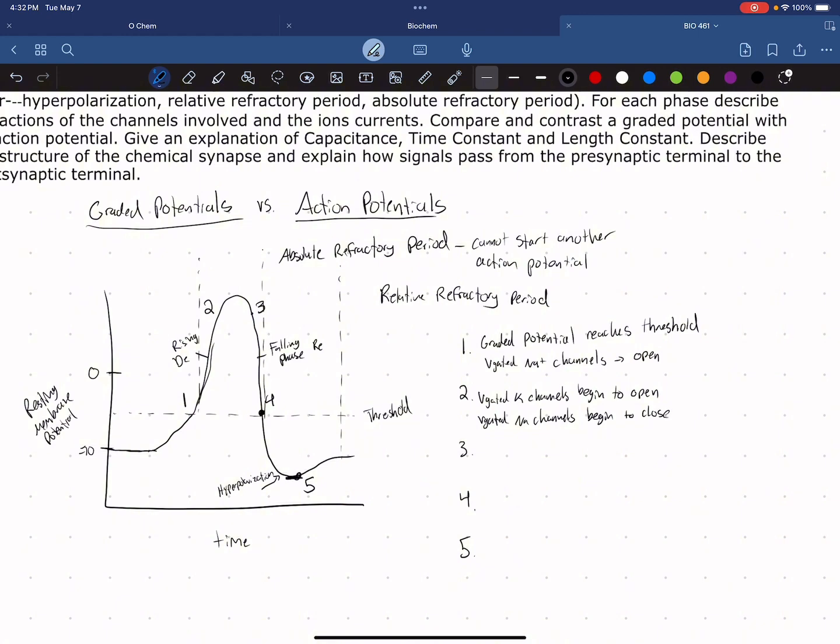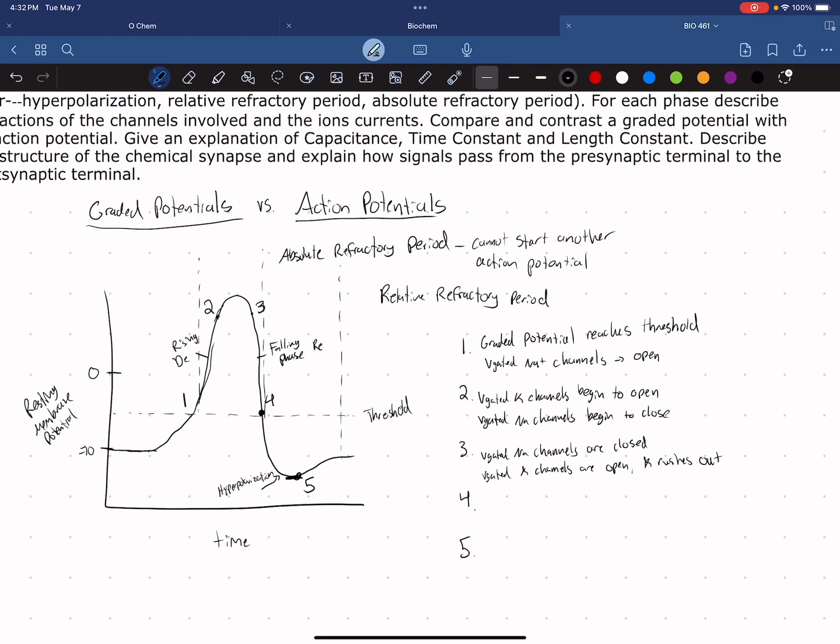Because that is showing the change here from the increasing, and will reach the top of that peak and then begin to decrease. So in number 3, the voltage-gated sodium channels are closed, and the voltage-gated potassium channels are open, and the potassium rushes out of the cell.